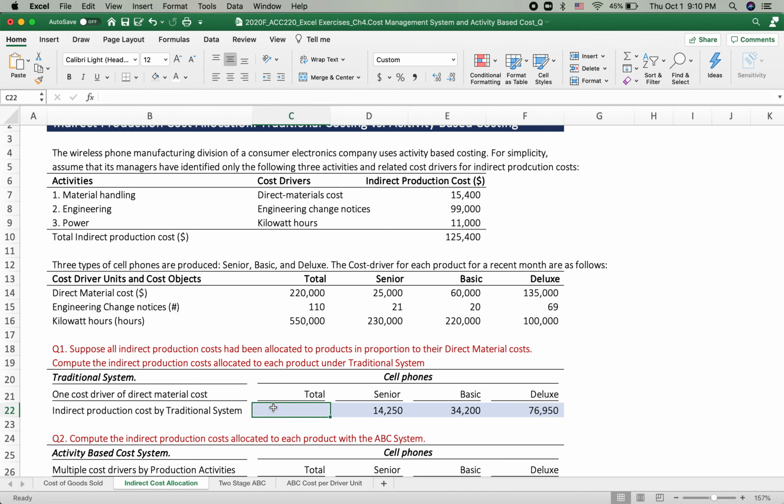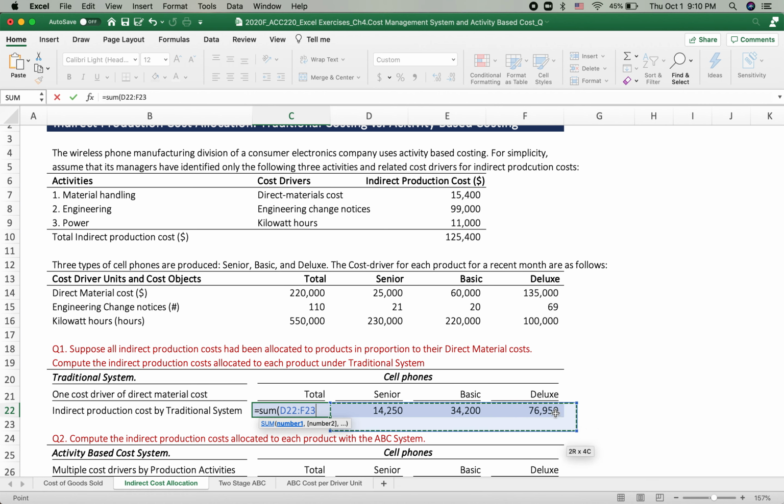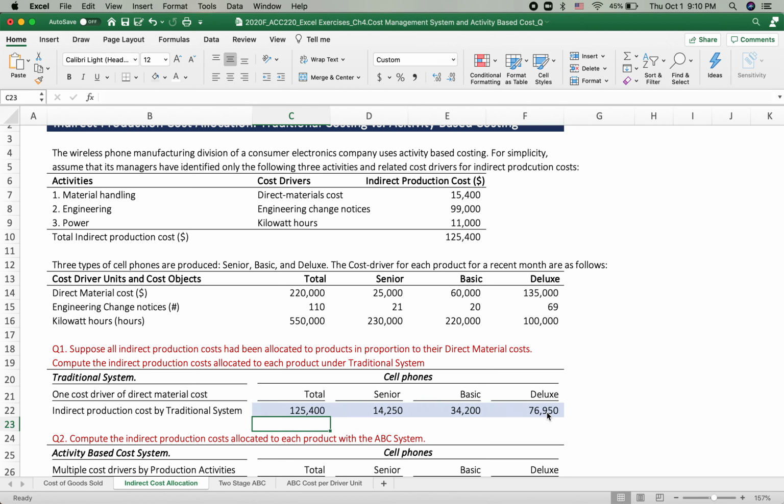Let's make sure that it is perfectly allocated. So the sum of these three indirect costs into these cost objects is 125,400, exactly the same as this.